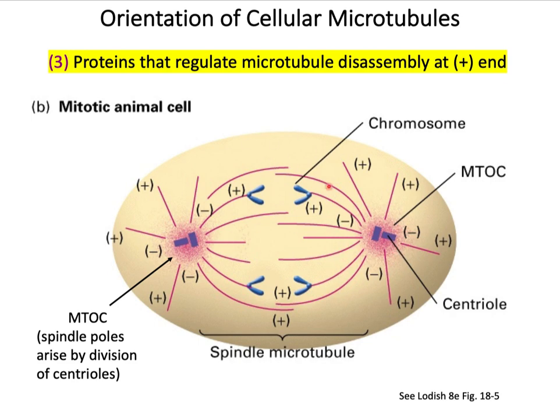When it comes time for the cell to divide, or when it comes time for these daughter chromosomes to be delivered at each side of the dividing cell, then you get rapid shrinking of the microtubule towards the microtubule organizing center, the spindle poles. And that occurs in part by depolymerization of the plus end.